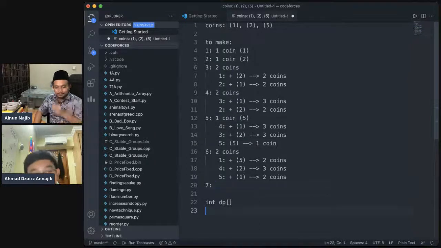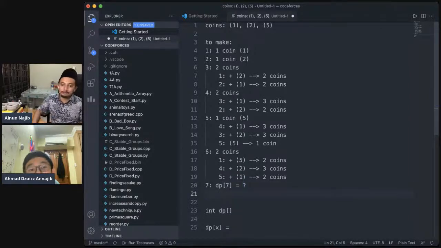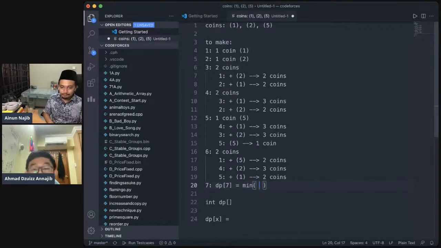What is DP of X, let's say? What is DP7 in this case? DP7 equals the minimum of all the possibilities, which is 7 minus each coin.